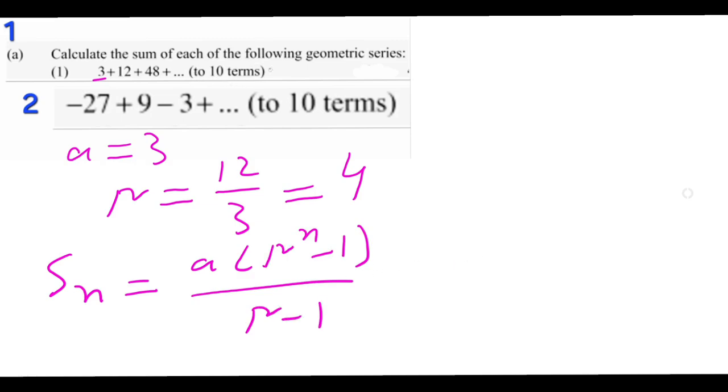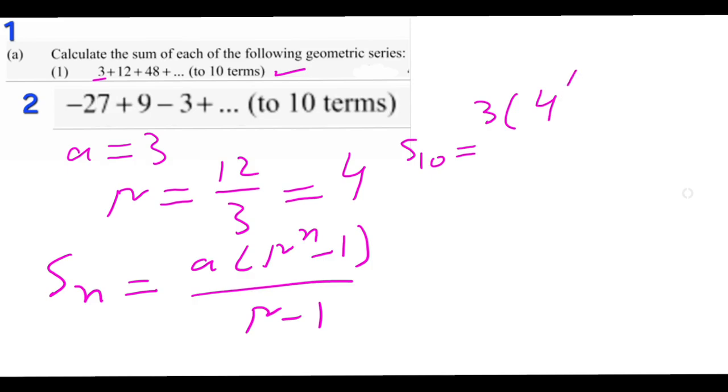He said to 10 terms, so we're looking for S10. S10 is going to be equal to, I'm going to substitute all of these values into this formula. A is 3, the ratio is 4, and n we got 10 because we're looking for S10.